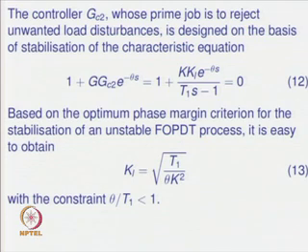But this controller is designed with a constraint given by theta upon T1 less than 1. The normalized dead time of the unstable first order plus dead time process has to be less than 1. If it is not so, then the formula given in equation 13 may not be correct.